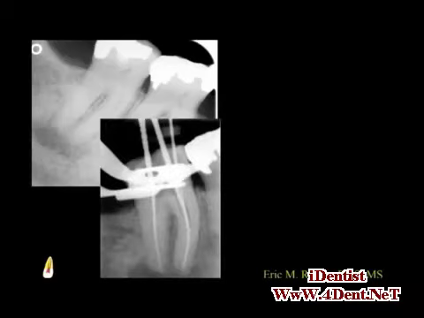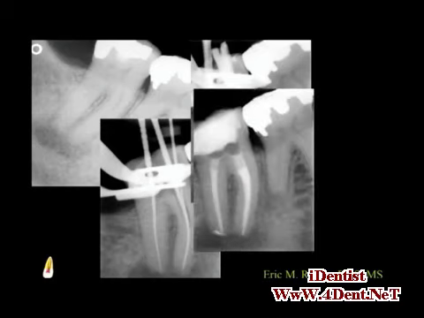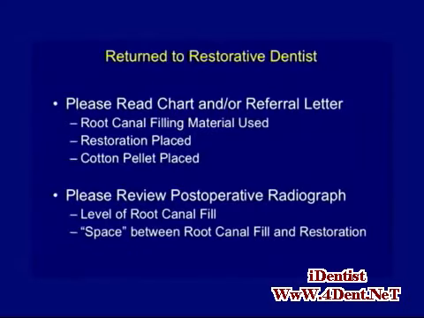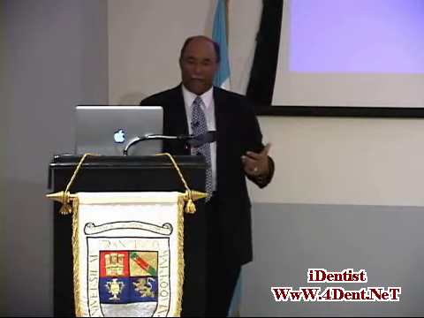This is just another case in which root canal treatment is performed. A little extrusion of sealer here, and you can see the intraorifice barrier placement in position and recall. So please read that chart or referral letter that we send back to you so that you know what material was used, whether a restoration was placed or not, and whether there's a cotton pellet in the canal space.